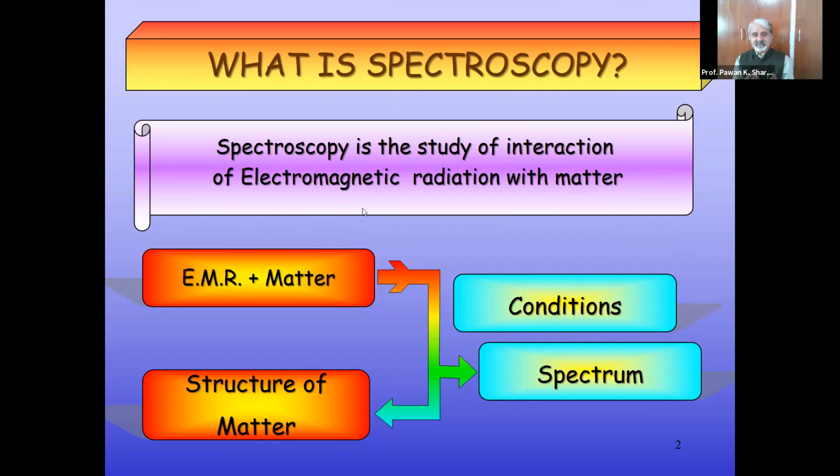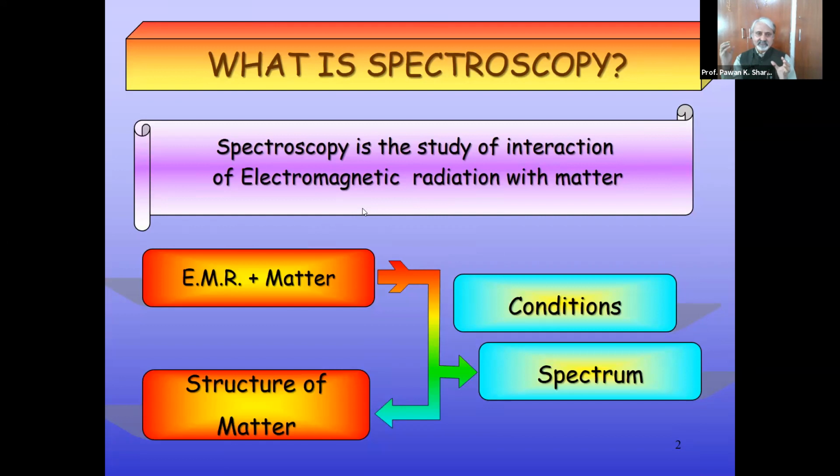We, the chemists or the scientists, are interested in studying the structure of matter. So basically, we are trying to use it as a tool for structural elucidation. That is our basic purpose for studying spectroscopy in general or NMR spectroscopy in particular.